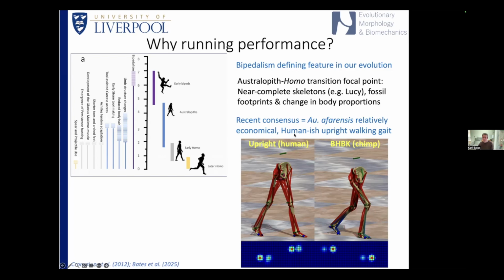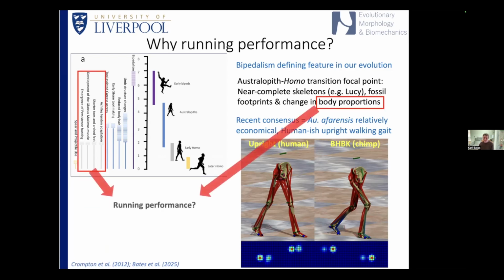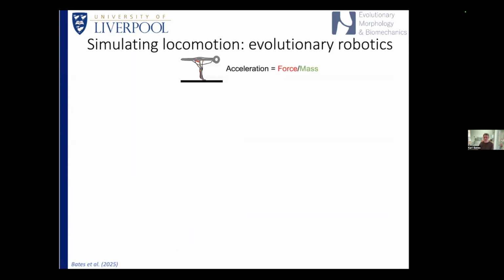If it was already well adapted to walking, why did they change? And the obvious thing to look at is running. Maybe that's the solution. But to date, at least before our study, there had not been any attempt to quantitatively estimate running performance in Australopithecus afarensis.